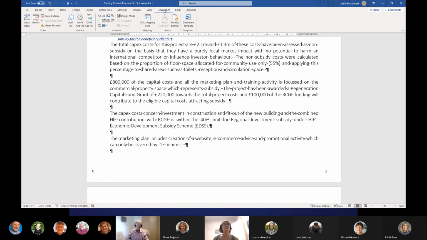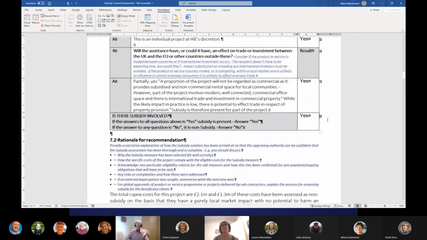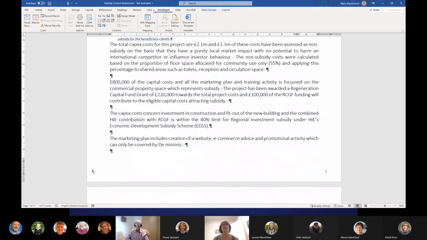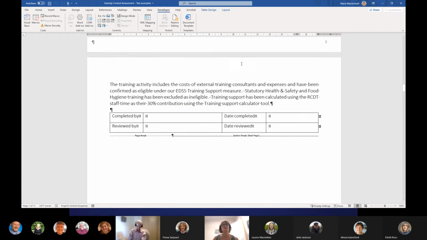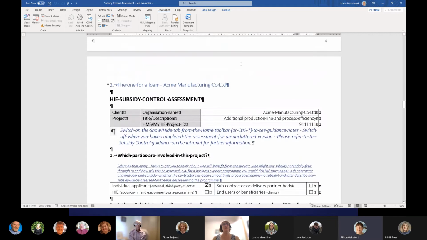You need to have the developer tab on your toolbar, and then you can hit design mode, and that will let you take out all the tables. Because I've been clever and had all these drop down boxes here, it won't let you delete tables. But if you switch on developer, go into design mode, then you can edit out the bits you don't want, and then switch off design mode, and it'll be nice and clean for you. Thank you, Mary.